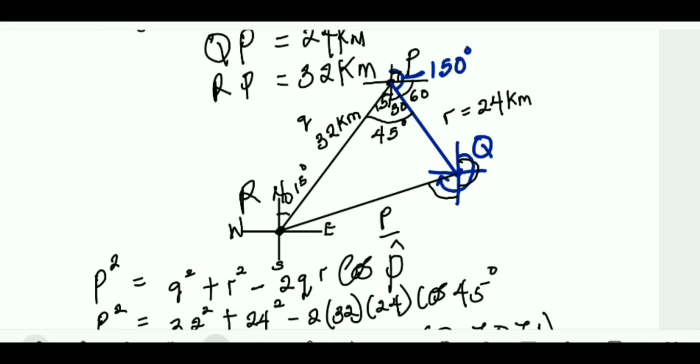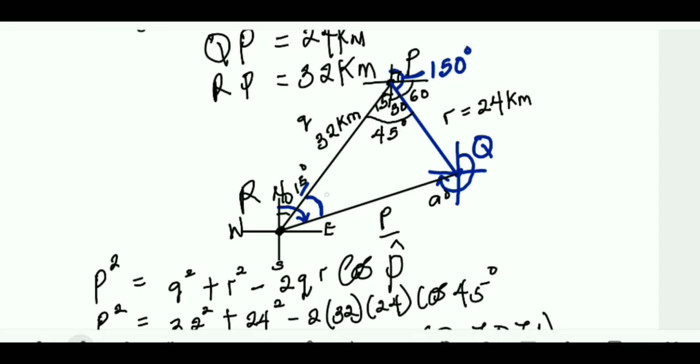So let me call this A degrees. Remember I said all of this angle here is A degrees. I already have this as 15. I just need to find this angle inside.